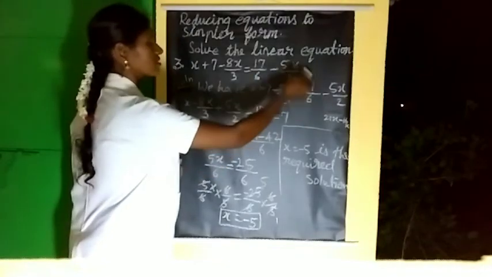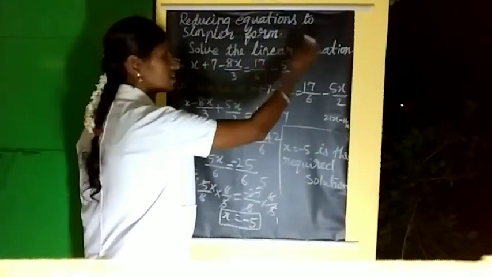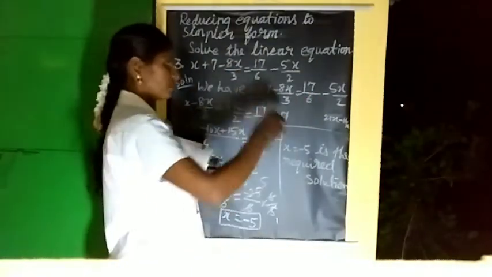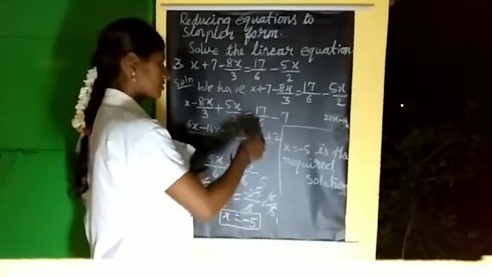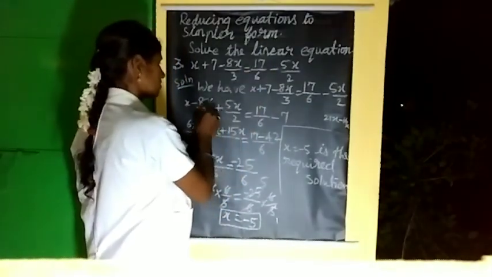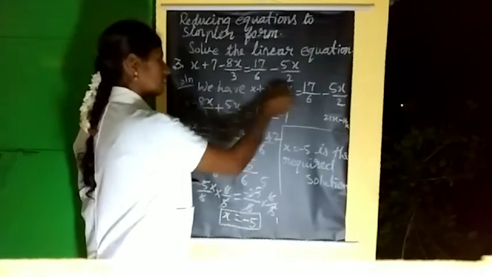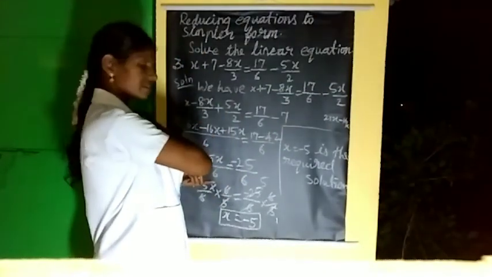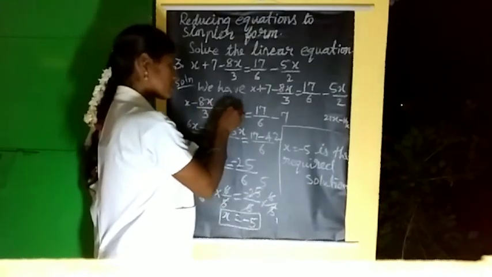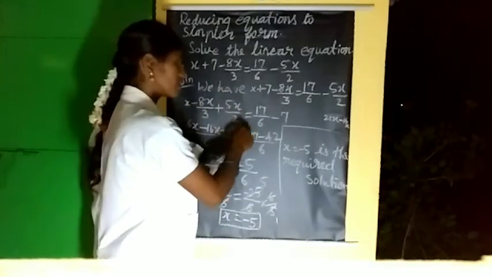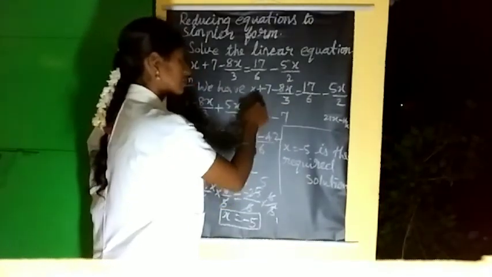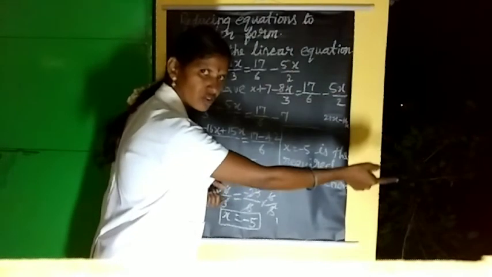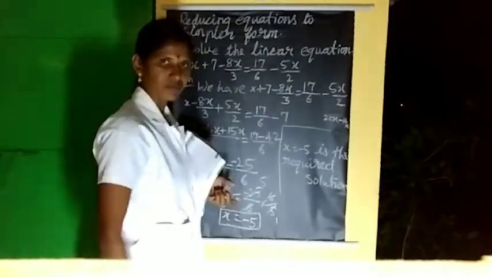We are bringing the x terms to the LHS and the constants, that is numbers, to the RHS. Minus 8x by 3. Here minus 5x by 2. In the LHS, if you are transposing, plus 5x by 2 is equal to 17 by 6. This plus 7 transposes to the RHS as minus 7.